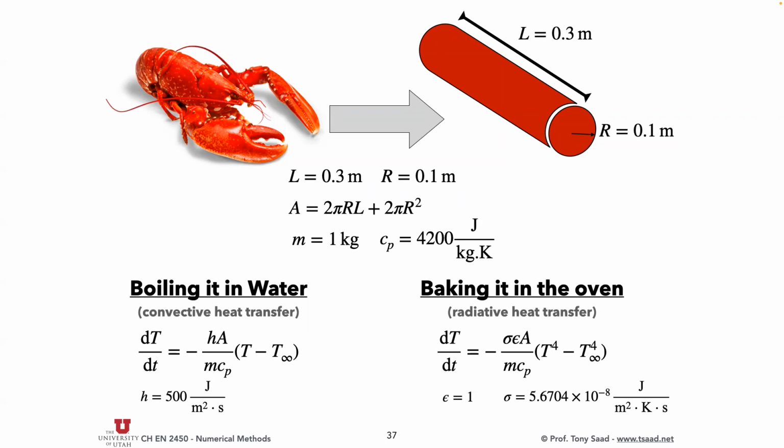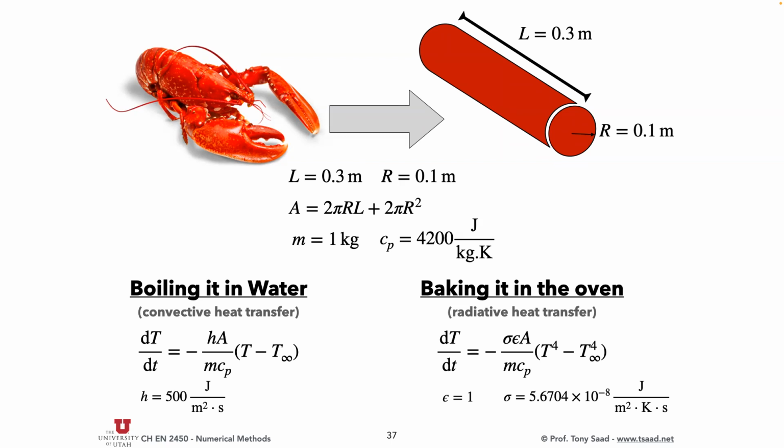On the left, this equation shows what the rate of change looks like if you're boiling it in a fluid. If you're heating it in a fluid, whether it be air, water, or oil, this is called convective heat transfer, and it highly depends on the temperature of the fluid, which is given by this T infinity.